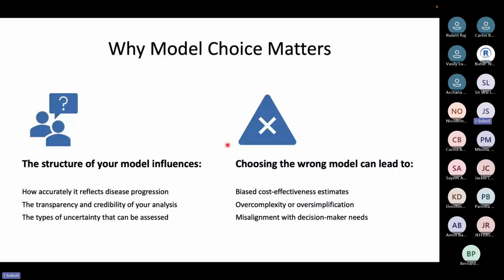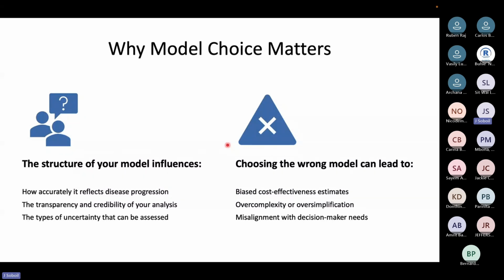So, in a context where HTA is only at its beginning, where they're evaluating drugs that have gone through multiple HTAs across the world, you may only need a very simple decision model, just because the cost effectiveness of that drug has been evaluated multiple times, and it has been determined that it's highly cost effective, for example.